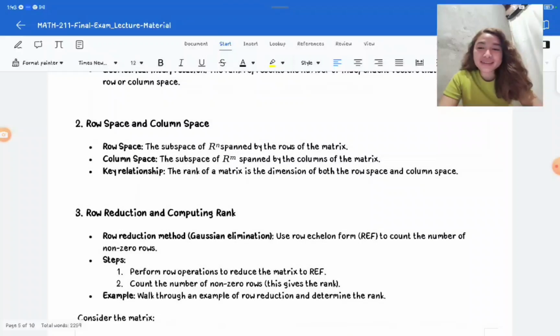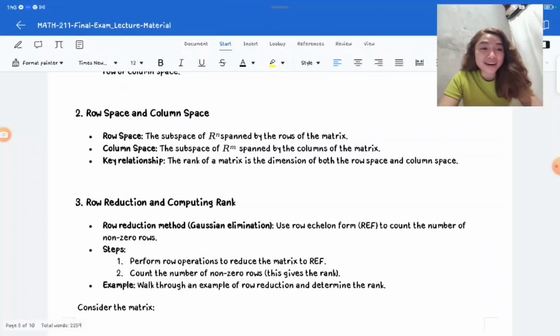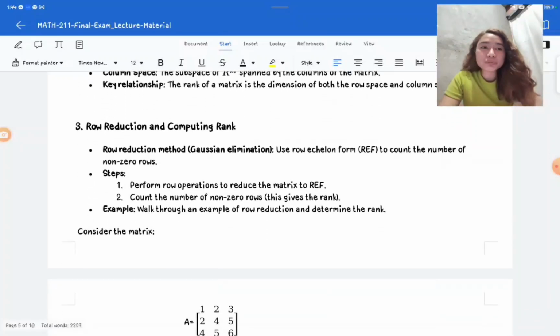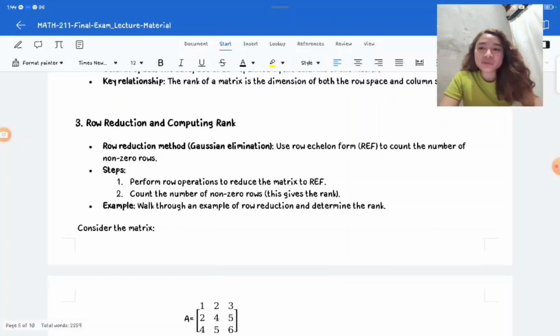The row space is the subspace of R raised to n spanned by the rows of the matrix, and the column space is the subspace of R raised to m spanned by the columns of the matrix. The key relationship is that the rank of the matrix is the dimension of both the row space and column space.